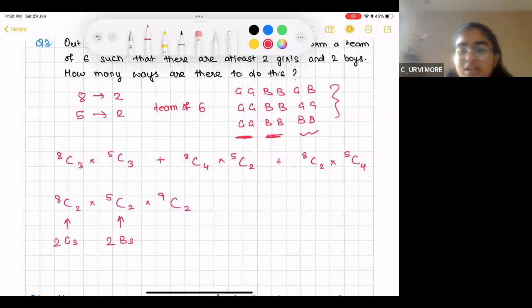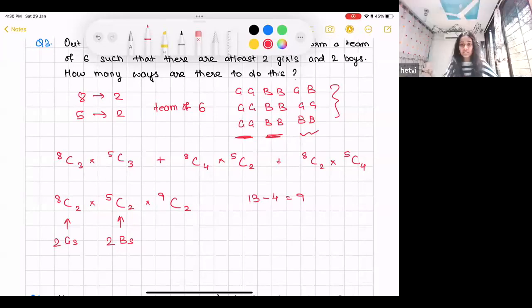Now we need a team of 6 and we are already done with 4 members. So I just subtracted it from the total number of children who are there. So it comes to be 9. Now I need to choose only 2, because my team also has a limit, that is 6. So I did 9 choose 2. So ultimately the answer comes.